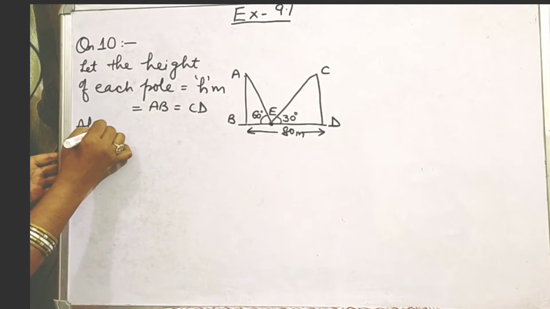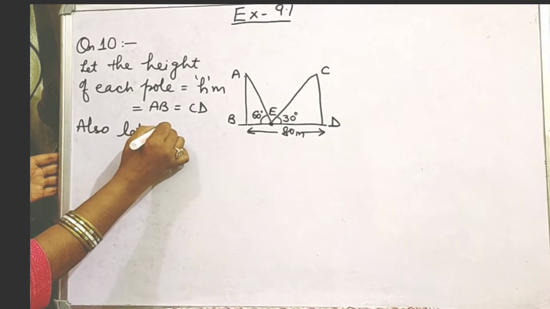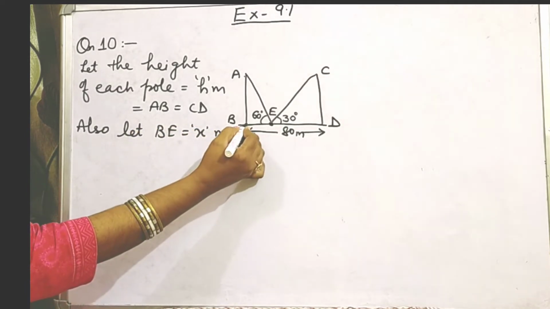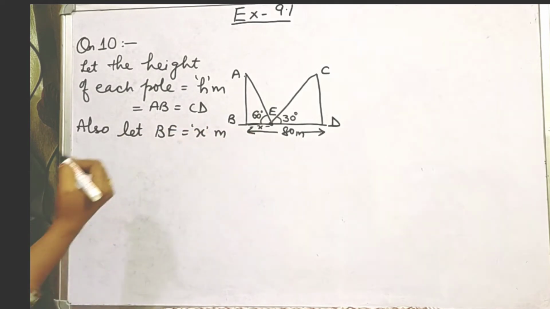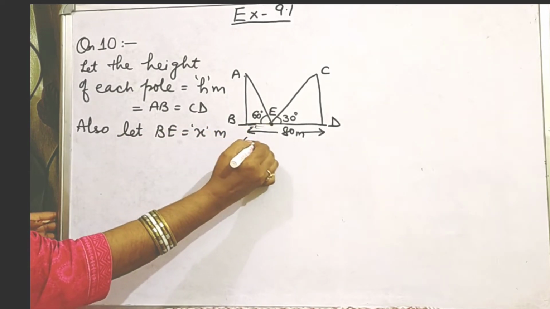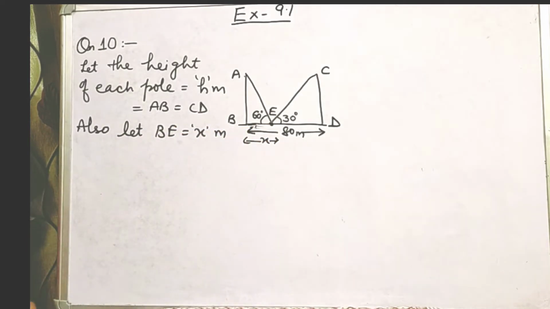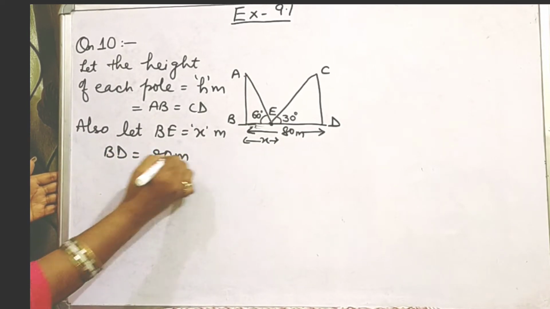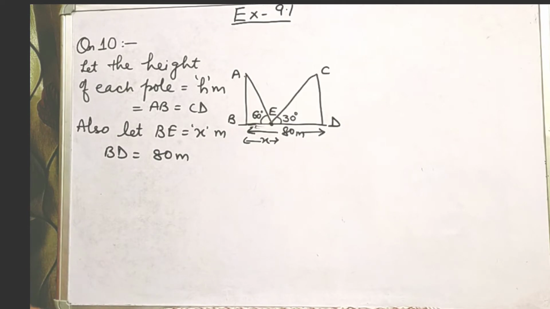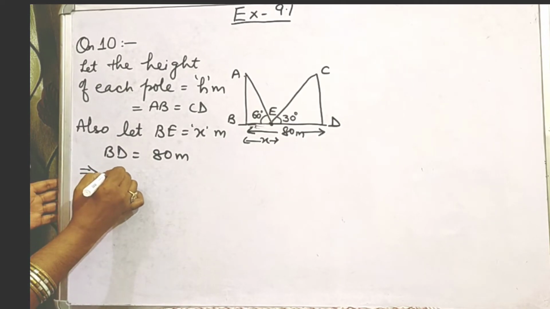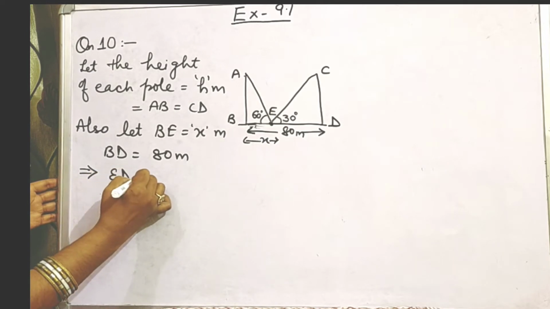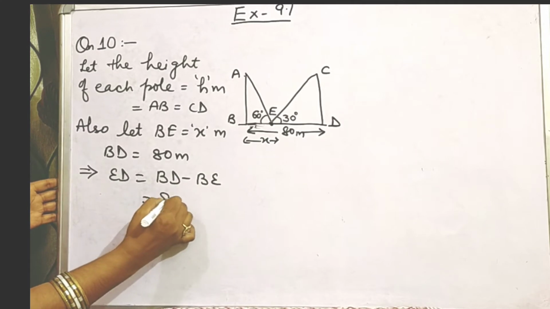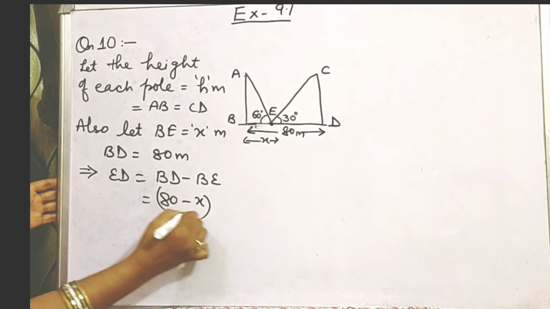Also let BE be equal to x meters. If BE is x, then because BD is 80 meters according to the question, this will imply that ED should be BD minus BE, that means 80 minus x meters.